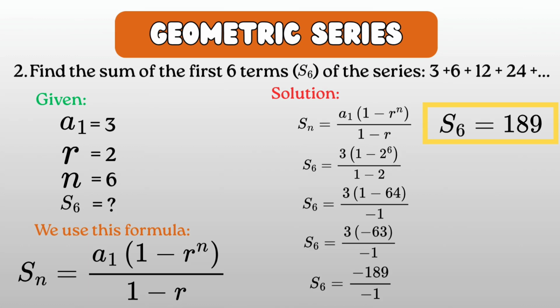And on the bottom, 1 minus 2 is negative 1. Next, subtract inside the parentheses. 1 minus 64 is negative 63. Multiply the top. 3 times negative 63 is negative 189. Finally, a negative divided by a negative is a positive. The sum of the first 6 terms is 189.